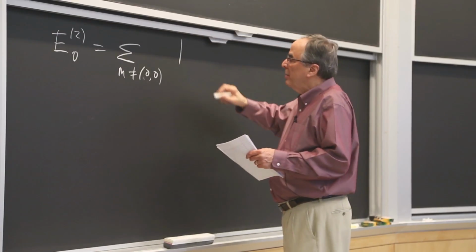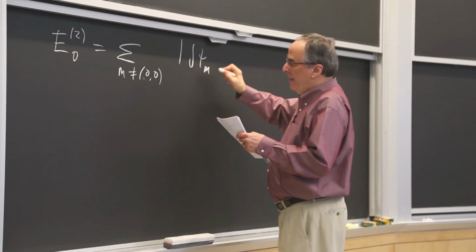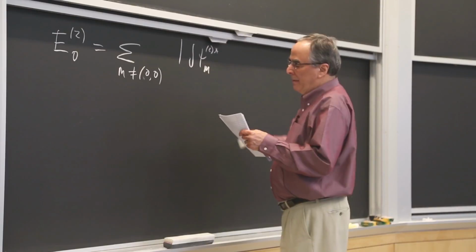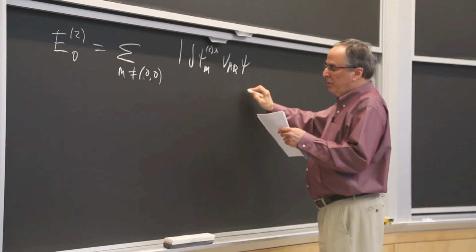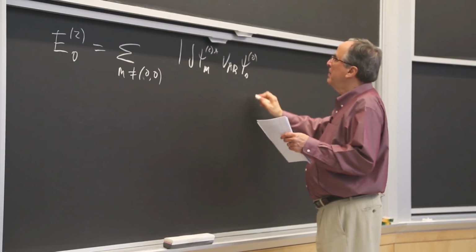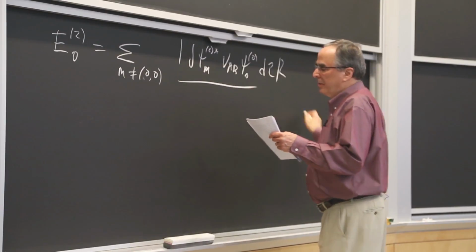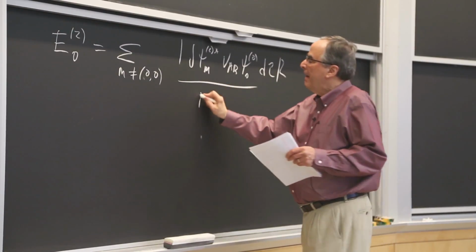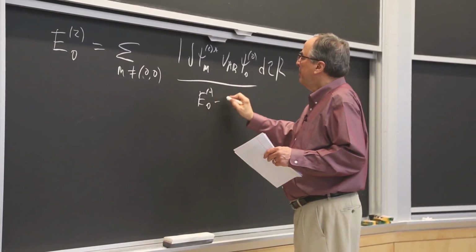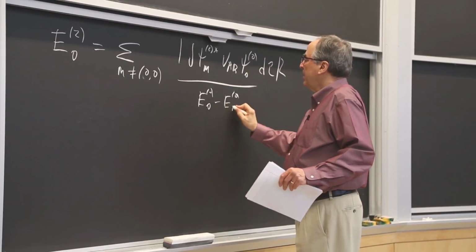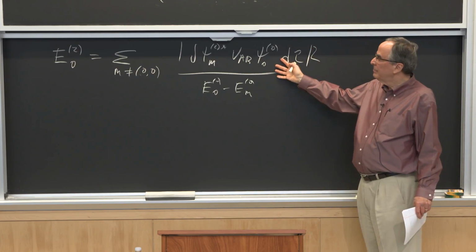And what we have is an integral of psi m 0 star VAB psi 0, 0 d tau squared over E 0, 0 minus E 0 m. Standard formula for second order perturbation theory.